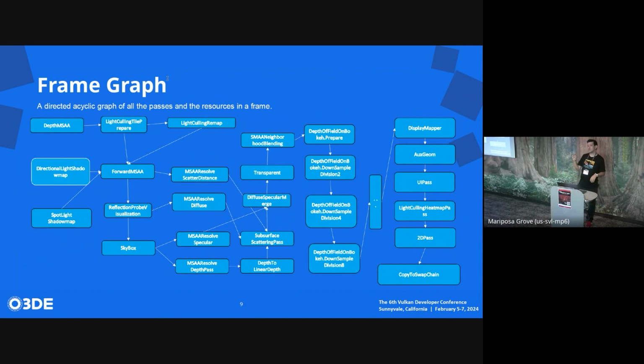The nodes in this graph represent the passes, and the connections between the nodes represent a consumer-producer relationship, meaning that a pass is producing something that another pass is going to be using later. Over here is a part of the frame graph that was built from those 50+ passes that I showed you before.